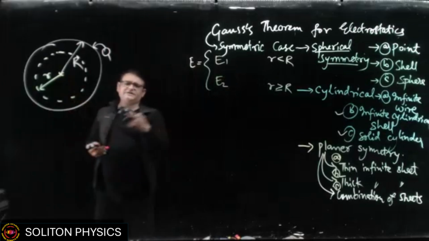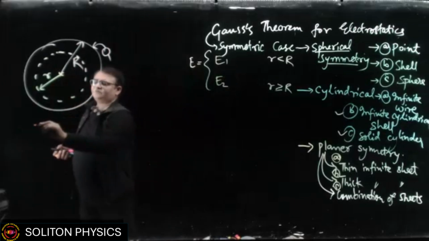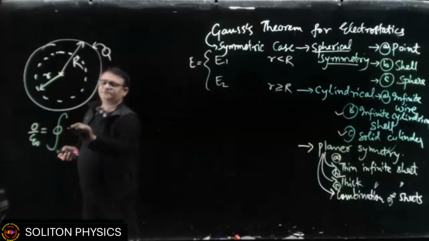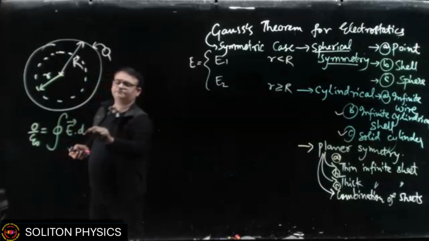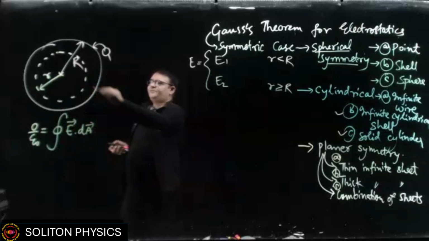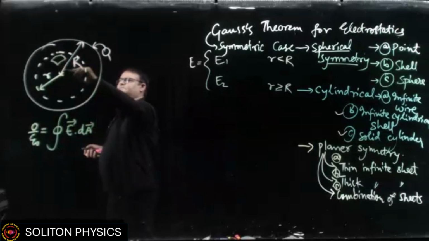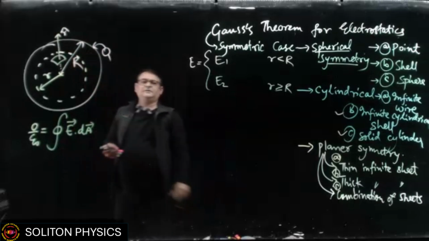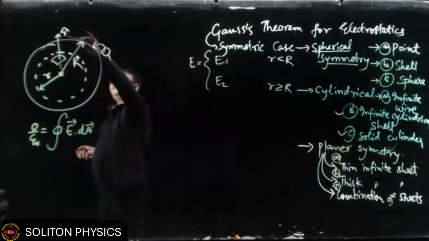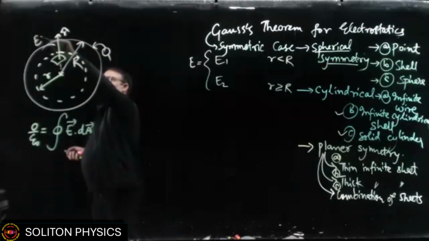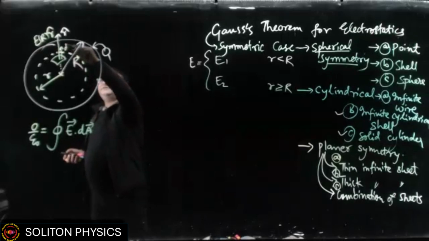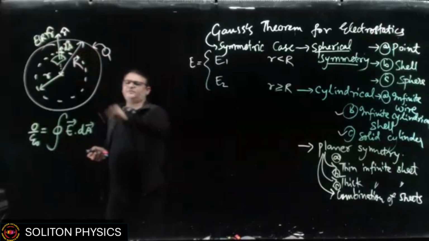So again, using the same Gauss theorem, Q inside, which is 0, by epsilon naught is equal to integral E dot dA. Now, if I make a patch on this surface, and if I connect, this is my radial vector, and then again my electric field will be E in the radial direction, right? And dA will also be in the same direction.